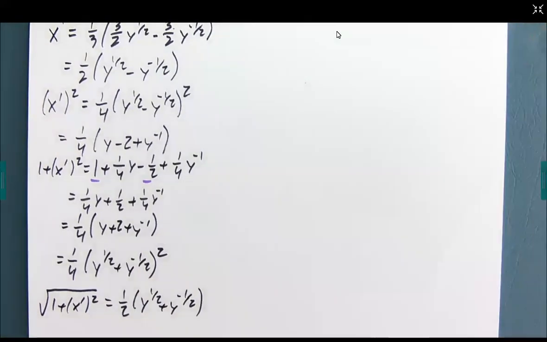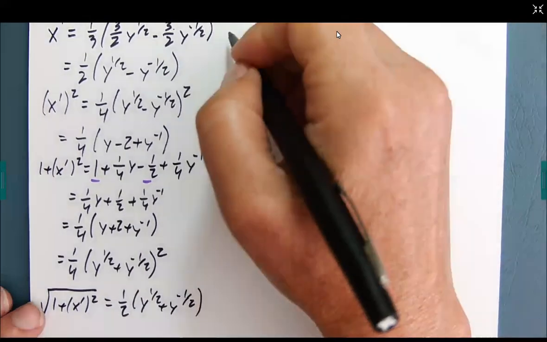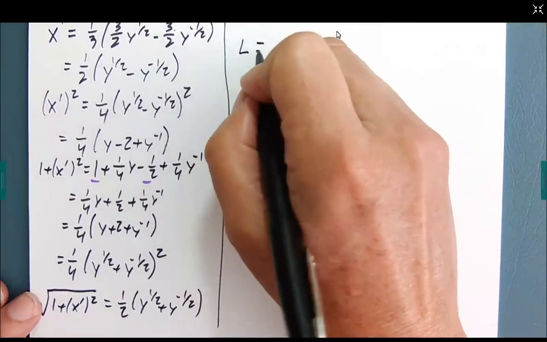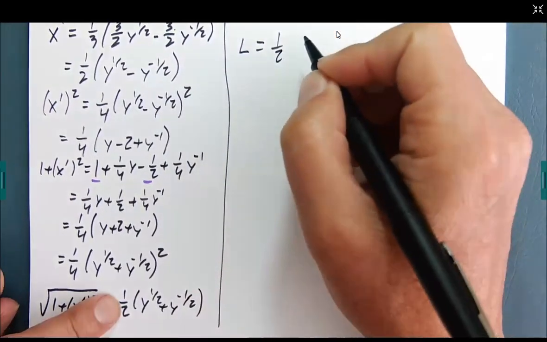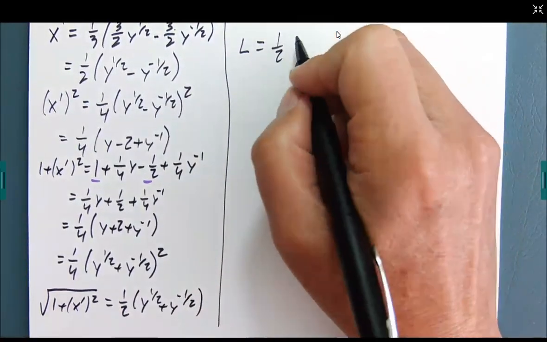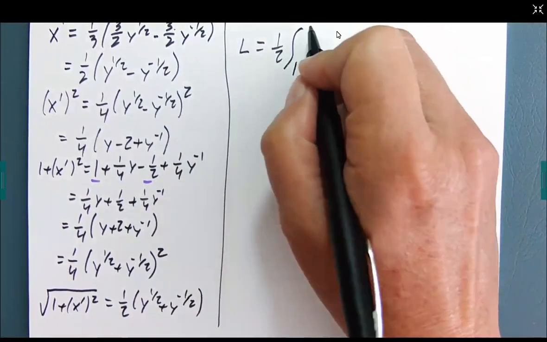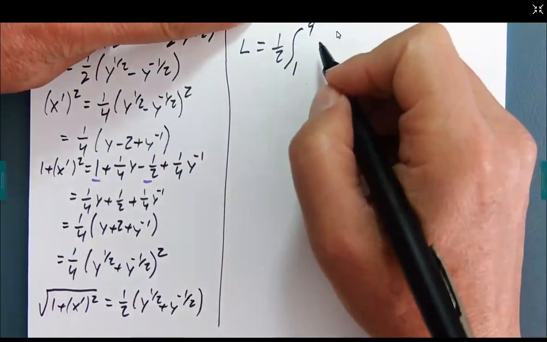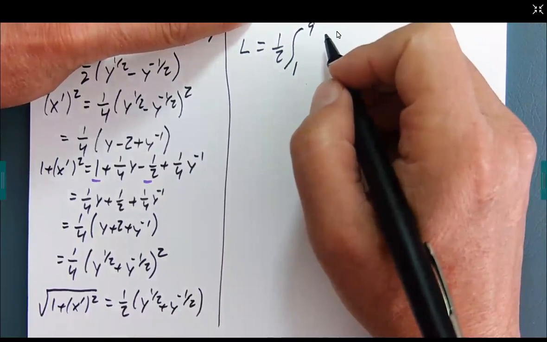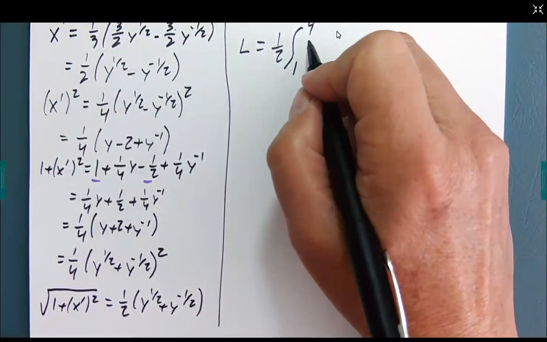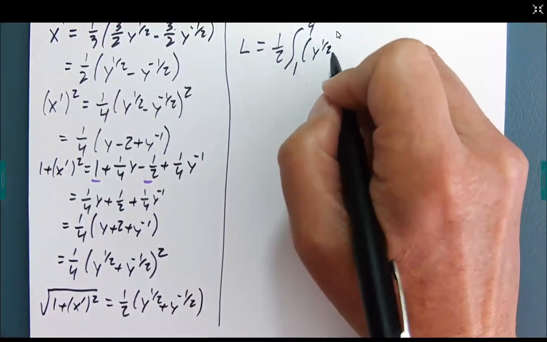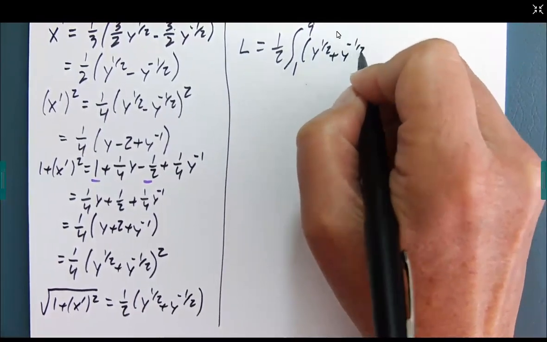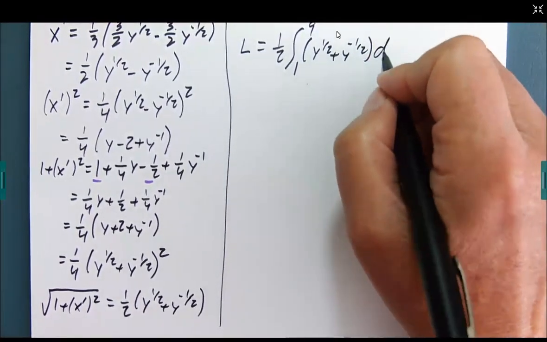So what's going to happen is that L is going to be 1/2, that's from there. The integral from 1 to 9. So they very nicely gave me the values in terms of y of y to the 1/2 plus y to the negative 1/2 dy.